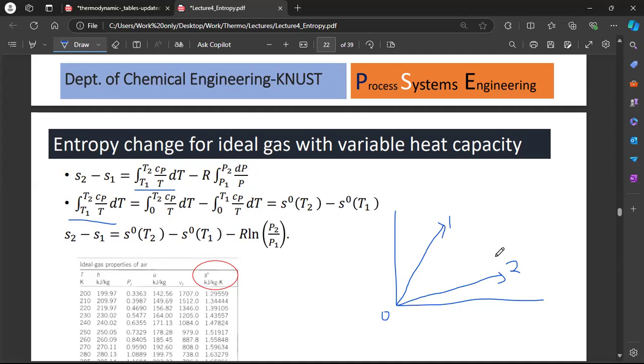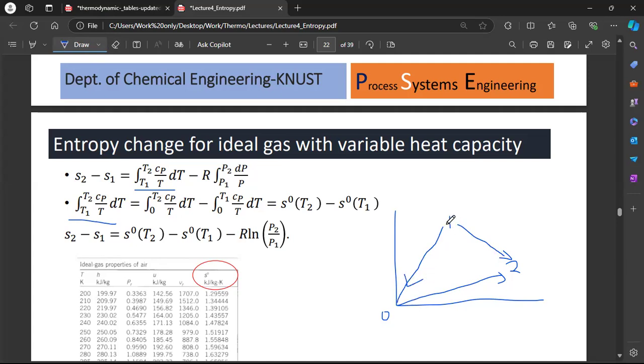But then realize that we want to move from T1 to T2. So what I can do is that I can reverse this one over here. So I can take it from T1 to 0 instead, and then from 0 to T2.